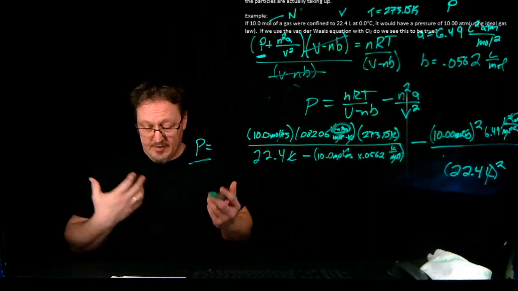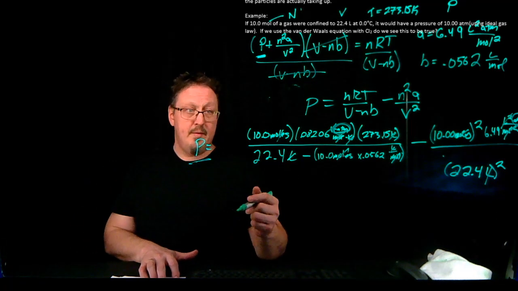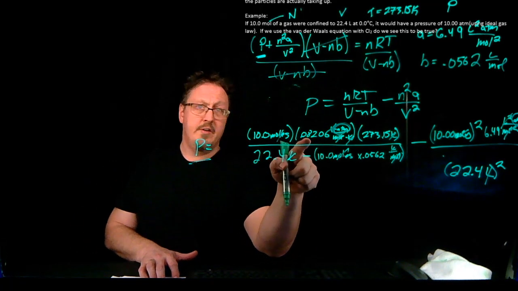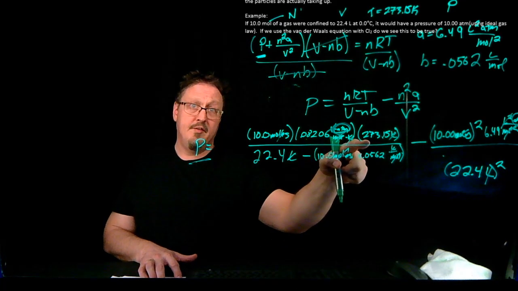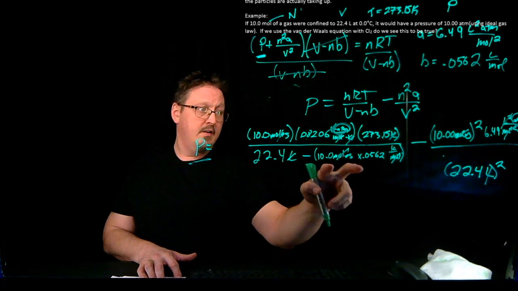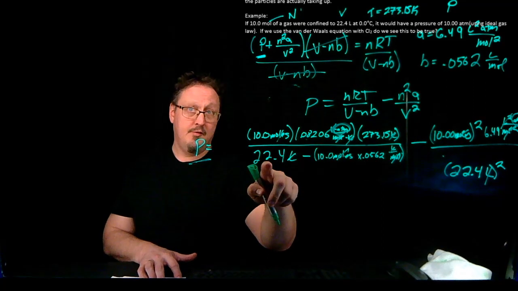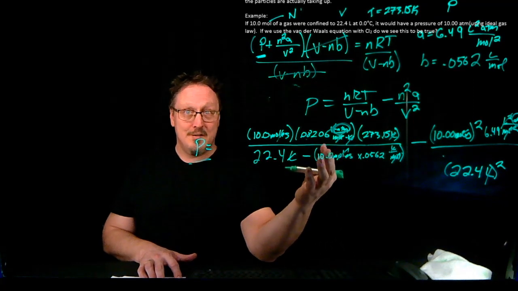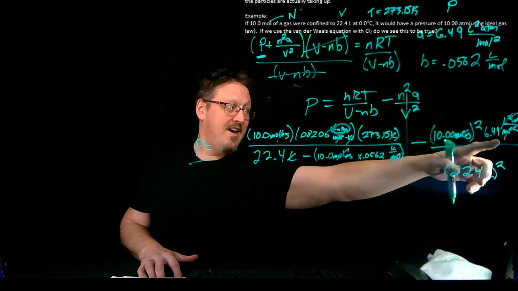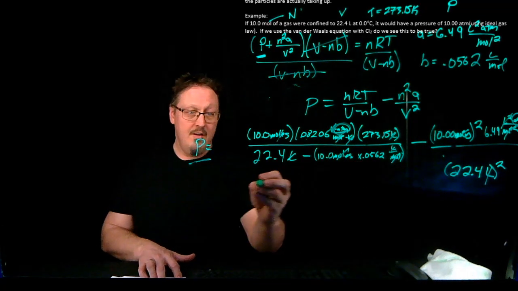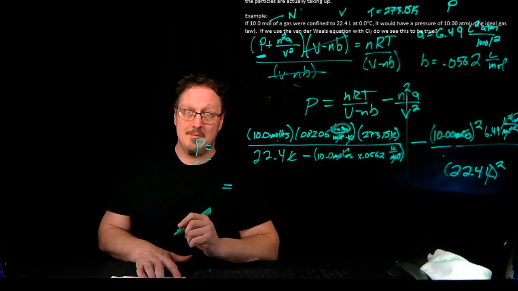So now we just have to do the math. 10 times 0.08206 times 273.15 divided by those two multiplied. Subtract that. So we have to do order of operations here as well. And then it's going to be that squared times that divided by that squared. Okay. All of that comes to fruition.